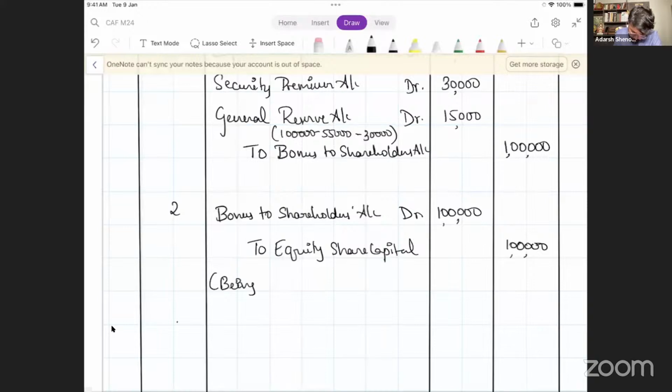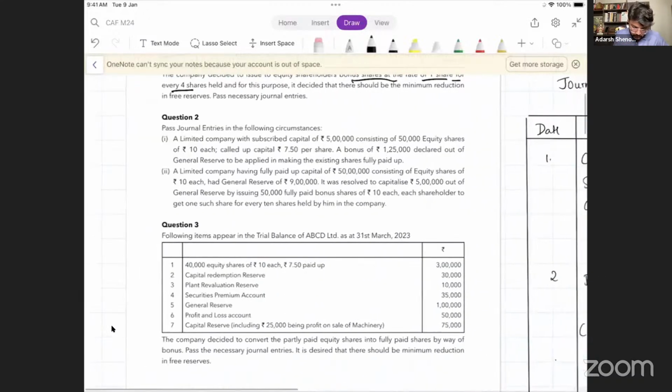Being bonus shares issued. That's it. We're done. So these are the entries. Very simple, no?